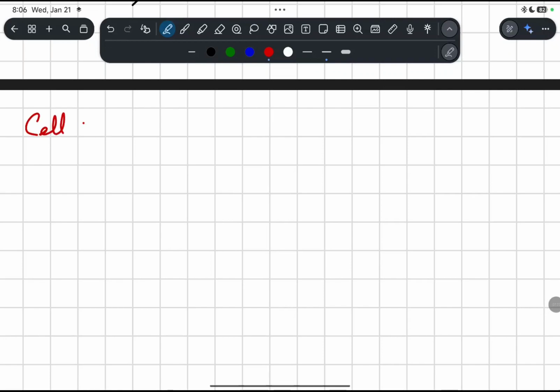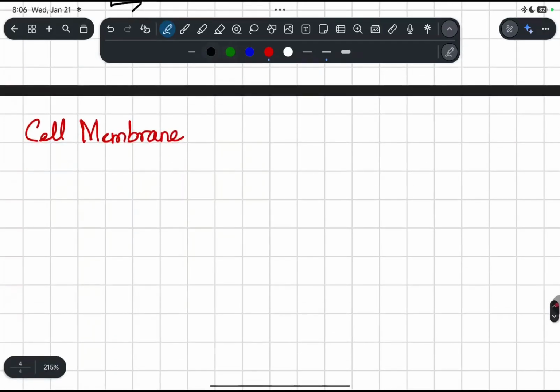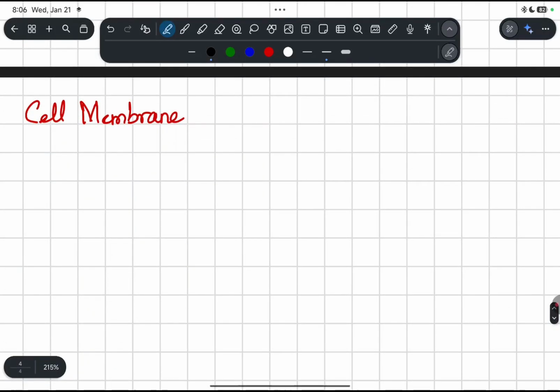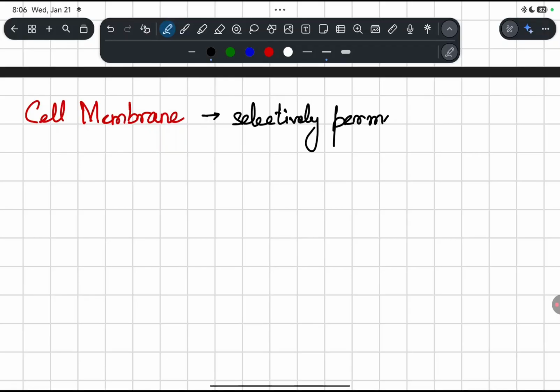Okay, so now we have cell membrane. Let me write it first: it is selectively permeable. Selectively permeable means it does not restrict everything, and it does not allow everything either.